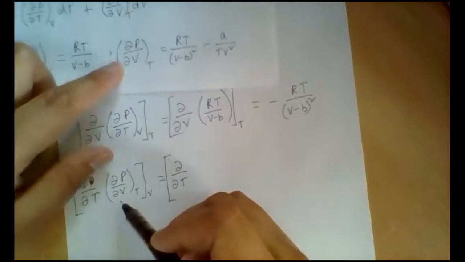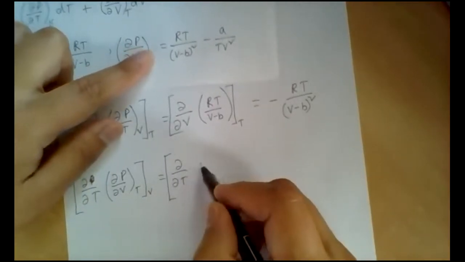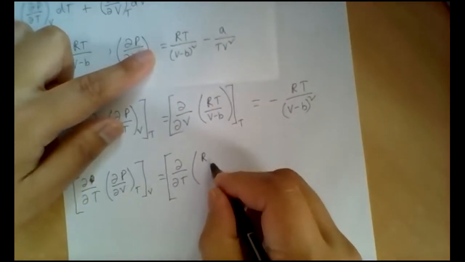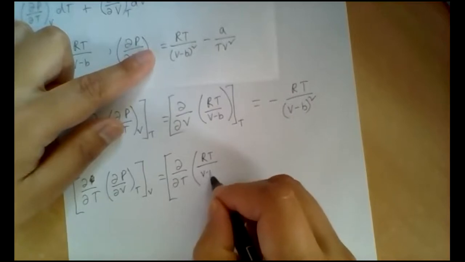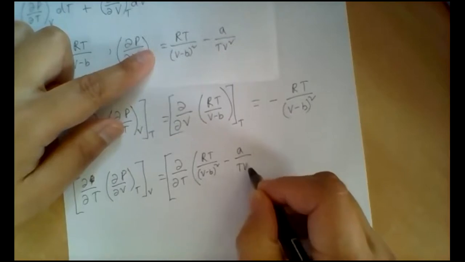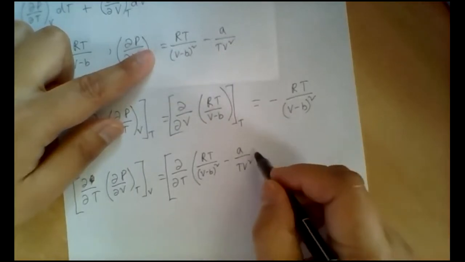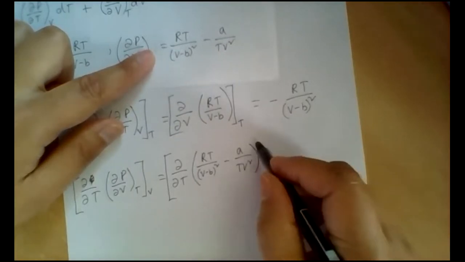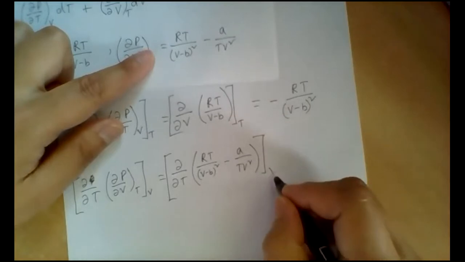Del P by del V is given by this expression, RT by (V minus B) whole square minus A by T V square. This is calculated at constant volume.